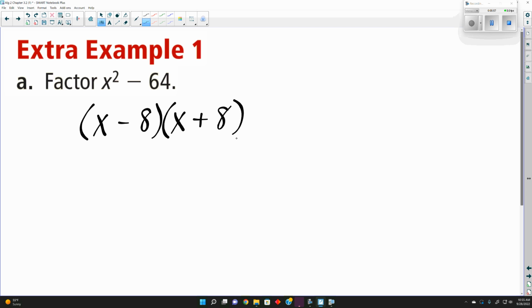If the third term is positive, the signs are the same and match the sign of the middle term. If the third term is negative, our signs are positive and negative. They're opposite. I'm multiplying two numbers together to get negative 64, yes? The only way I can multiply two things together and get a negative is if one of them is positive and one of them is negative, so we have to have opposite signs.